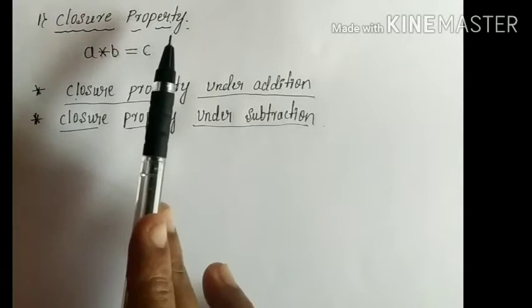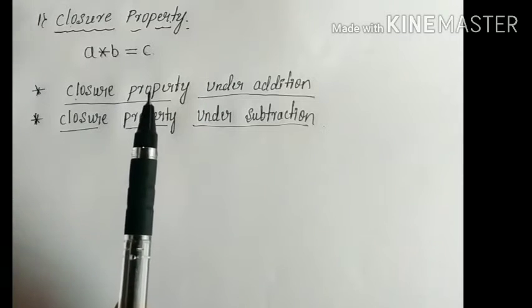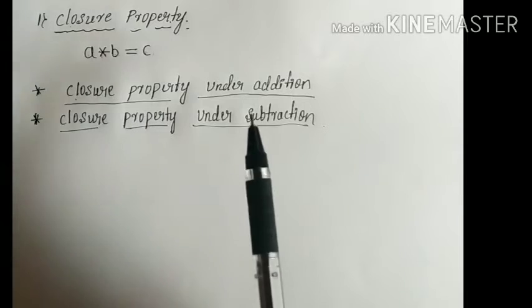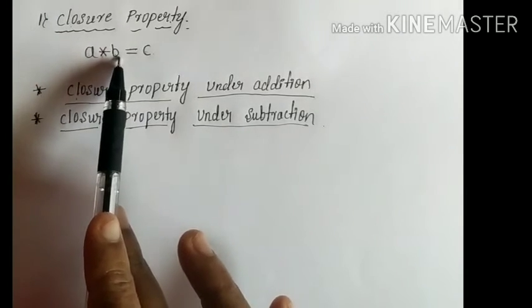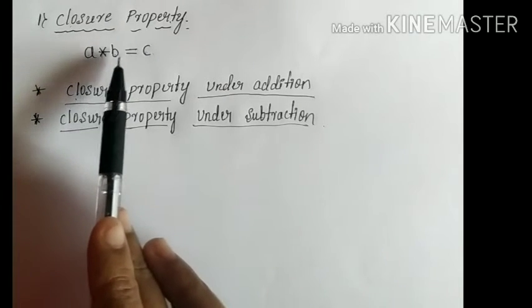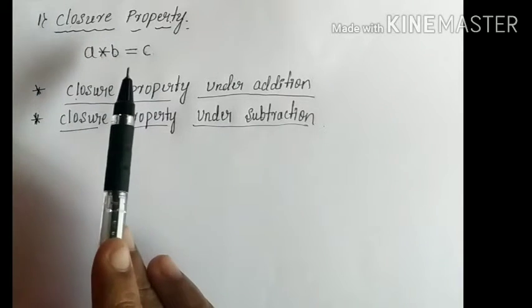First, closure property. As I said before, an operation on members of a set always produces a member of that set itself. See here, if A and B are any members of a set, then the operation produces a member of that set itself, right?